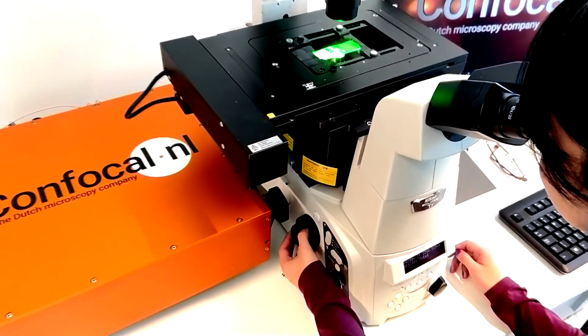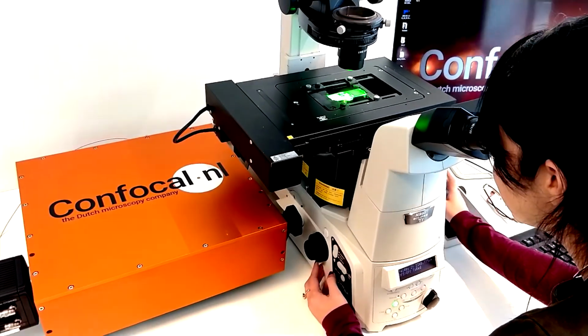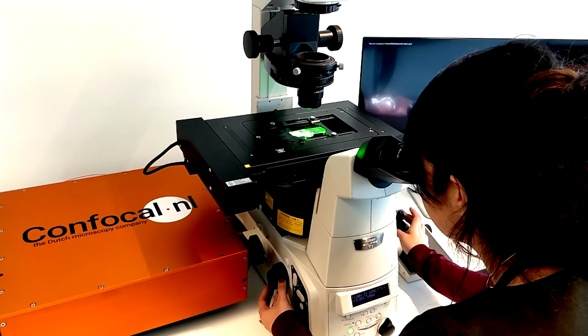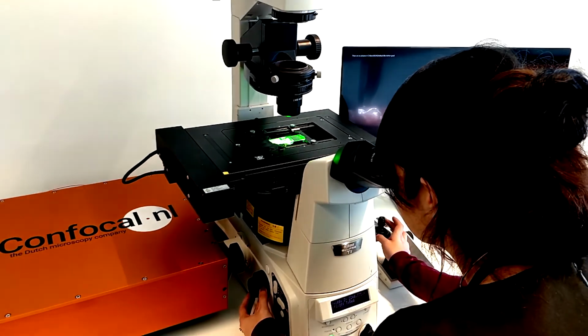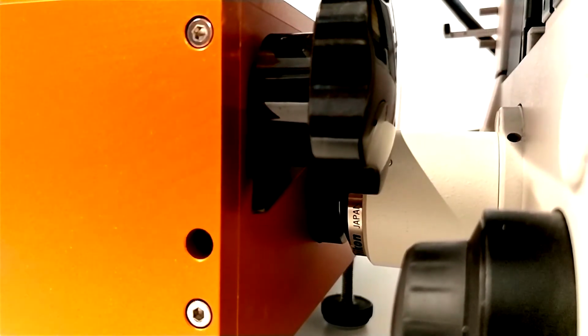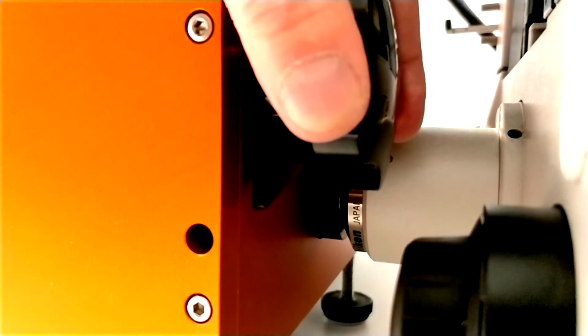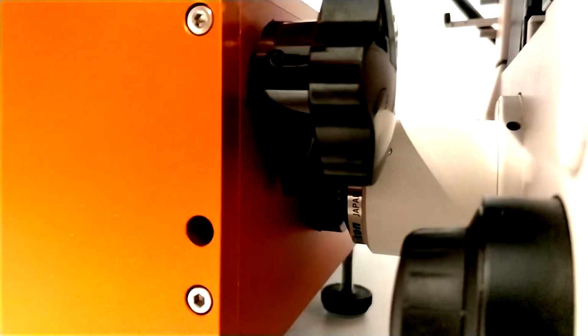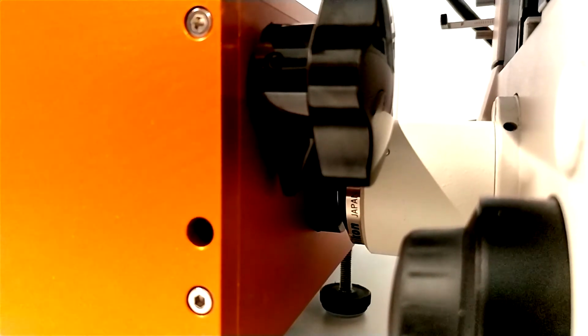You can make use of the eyepiece for a quick scan of your slide. With the bypass mode, you can scan the slide to find the region of interest without having to use the eyepieces. Turn the knob on the RCM unit to change the light path to bypass mode.